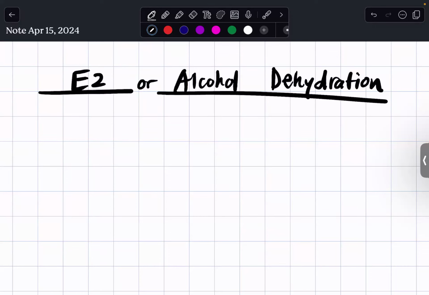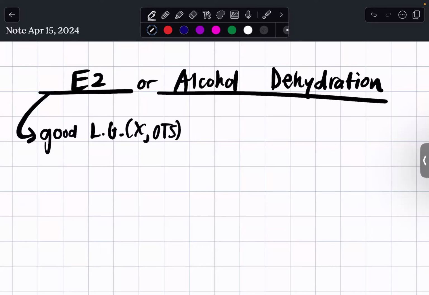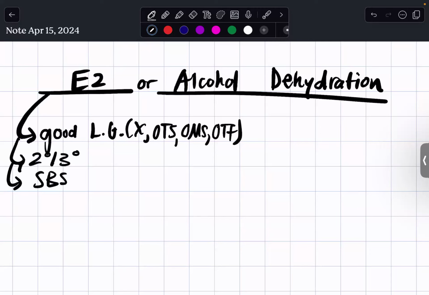So for E2, you're going to have a good leaving group, which could be any halogen like chlorine, bromine, iodine. It could also be OTs, OMs, OTf as well. And these could be mostly secondary, tertiary substrates, and strong base, strong nucleophiles.